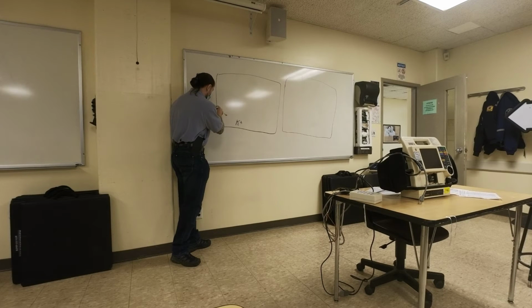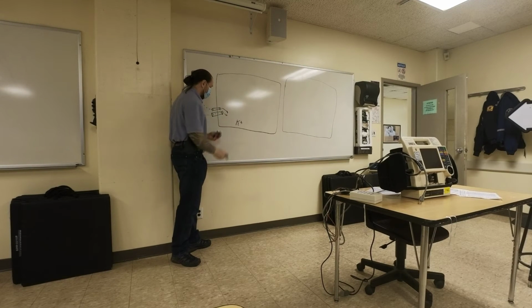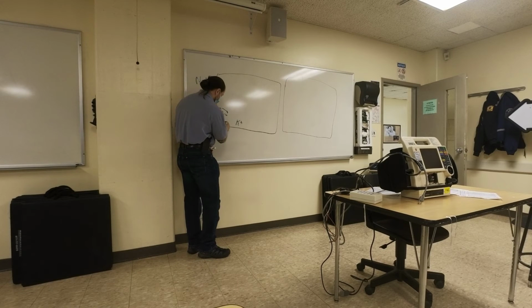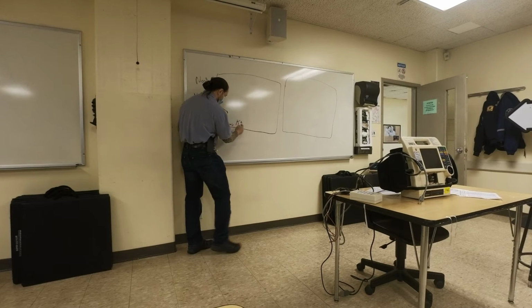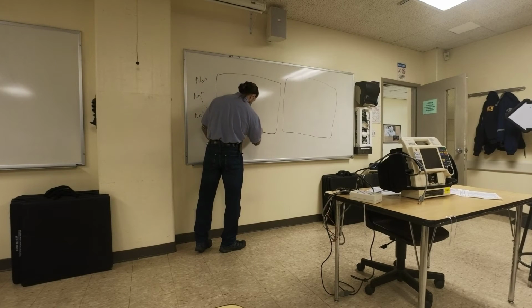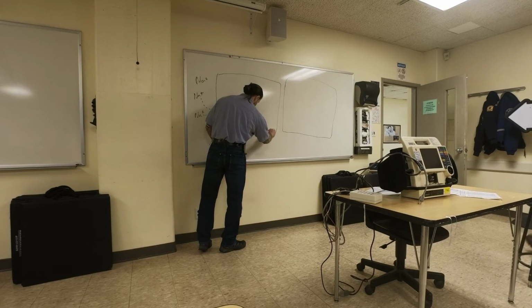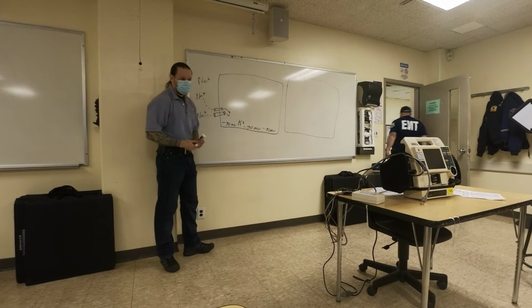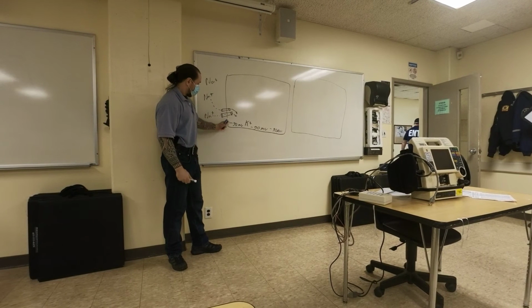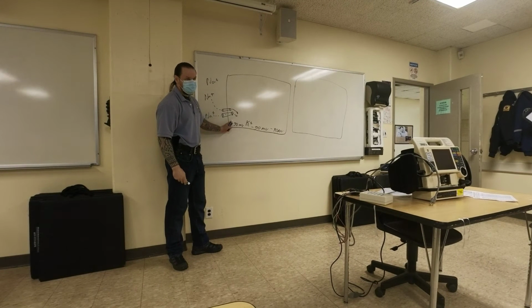And there might be more of these channels on the cell surface. So sodium is a positive cation. As it comes in, and inside the cell is usually negative 90 millivolts, do you think it's going to make it more positive or negative?